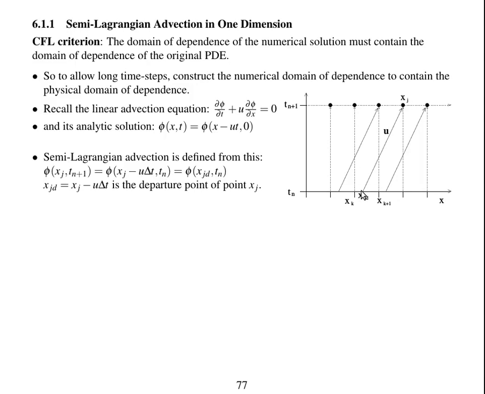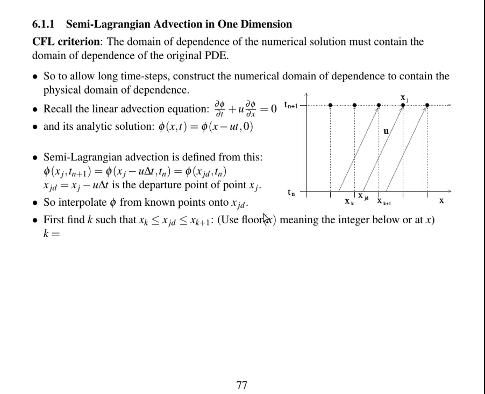And it's not going to fall exactly onto a grid point. We need to find the grid points either side of that departure point, and we're going to need to interpolate from these. So phi is going to be known at these values, xk and xk plus 1. We're going to need to interpolate from these points onto this new point xjd, the departure point, because we're not going to know the value of phi at that point.